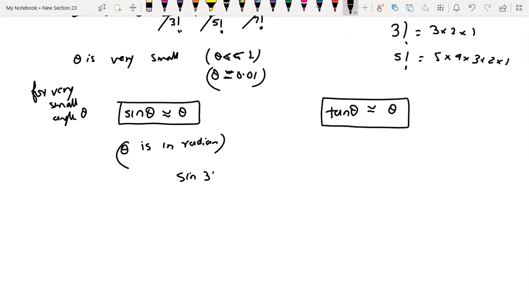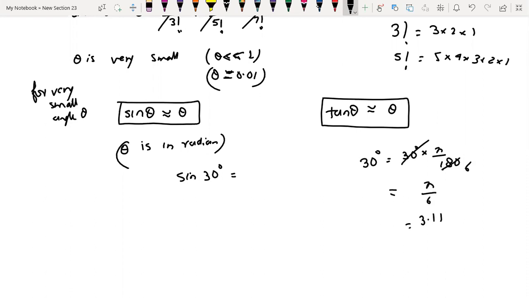Is 30 degree a small angle or a big angle? It's a big angle. Yes, it is big, but it is actually small enough that we can apply this approximation also.